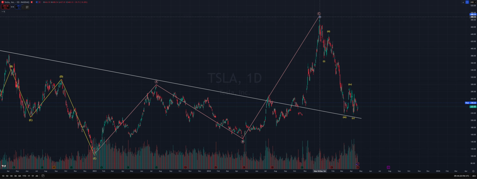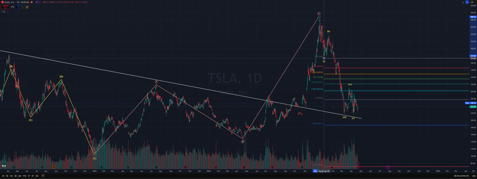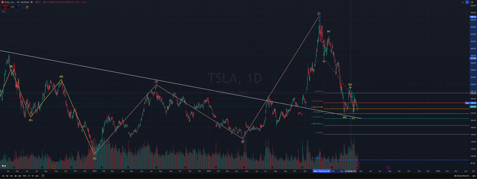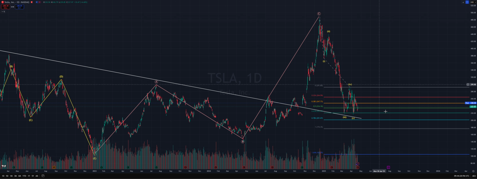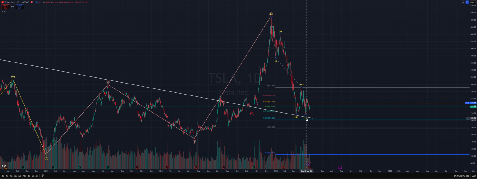If you're doing the proper measurement for a fifth wave, you got wave 1 here, we have 4 on top here, then wave 5 theoretically should be somewhere around the 176 area. So maybe somewhere around this area here, you should see wave 5.